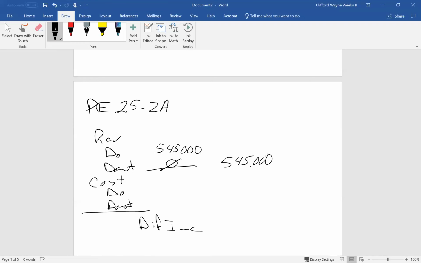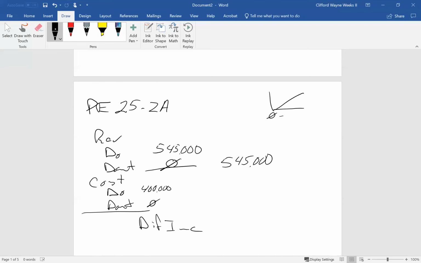So let's look at the costs. If we do this, we're going to have variable cost of goods sold of $400,000. If we don't do this, we're not going to have anything here, are we, when it comes to variable cost of goods sold. So hopefully you understand variable cost: if you don't do anything, you don't have any cost.